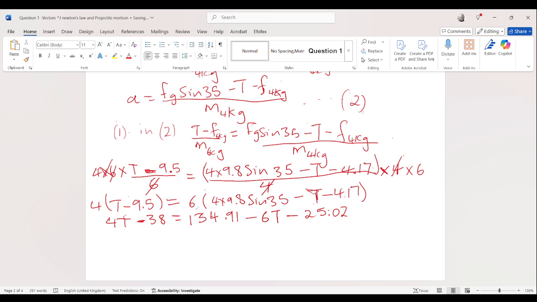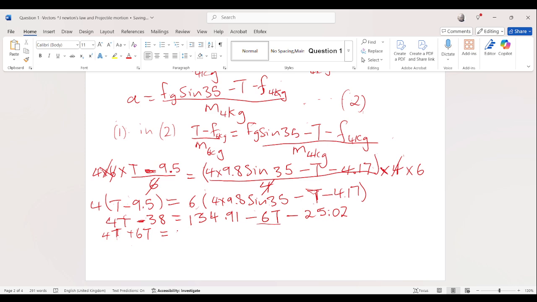Now, if we are solving this equation, if I take 6T to the other side, it will be 4T plus 6T. The negative will change and become positive when it goes to the other side.